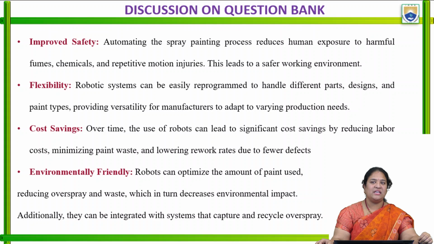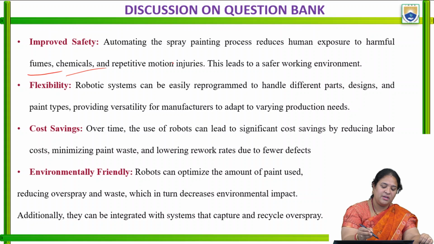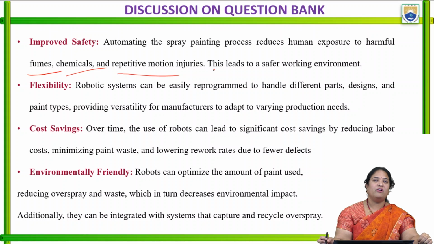So, considering the safety of the workers, introducing robots to do this operation is more helpful. Automating the spray painting process reduces human exposure to harmful fumes, chemicals, and repetitive motion injuries. This leads to a safe working environment.